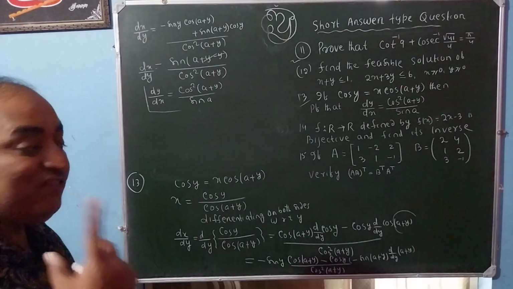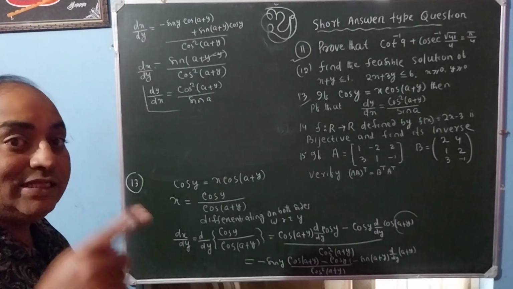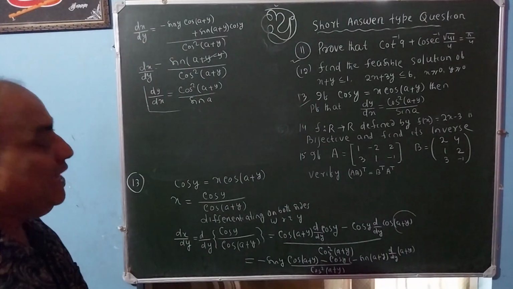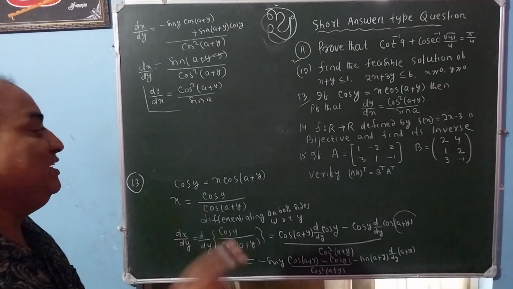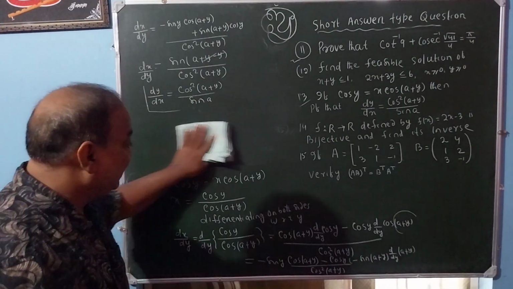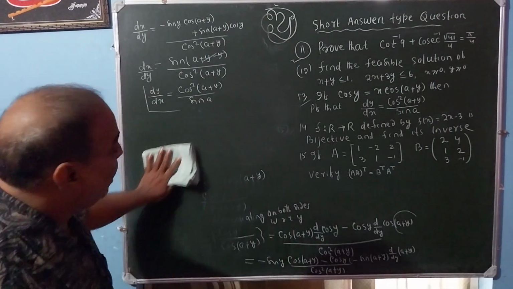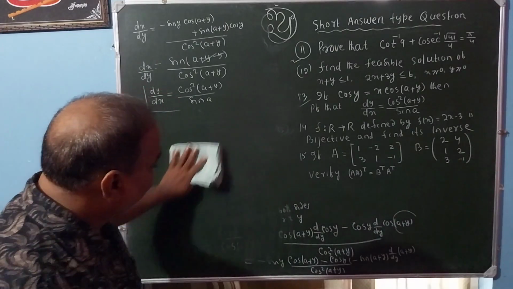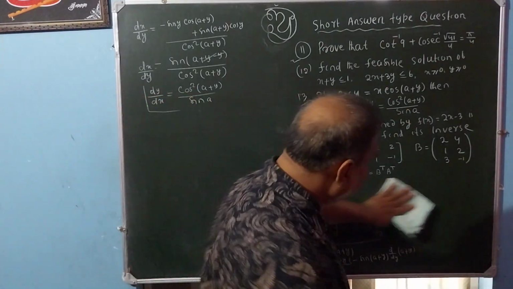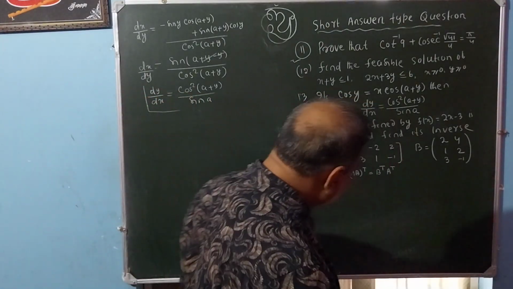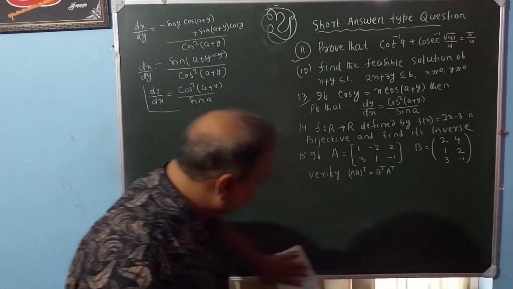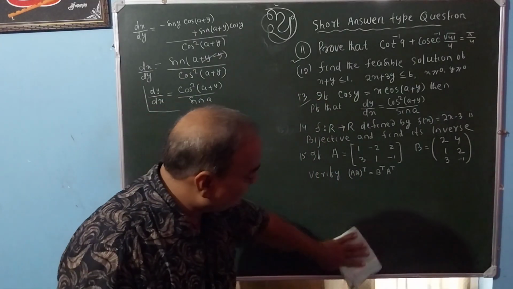That means f is one-one as well as onto. Then we say that f is a bijective function. First of all, we have to check injective, then surjective. If both conditions are satisfied, then we say that f is bijective.